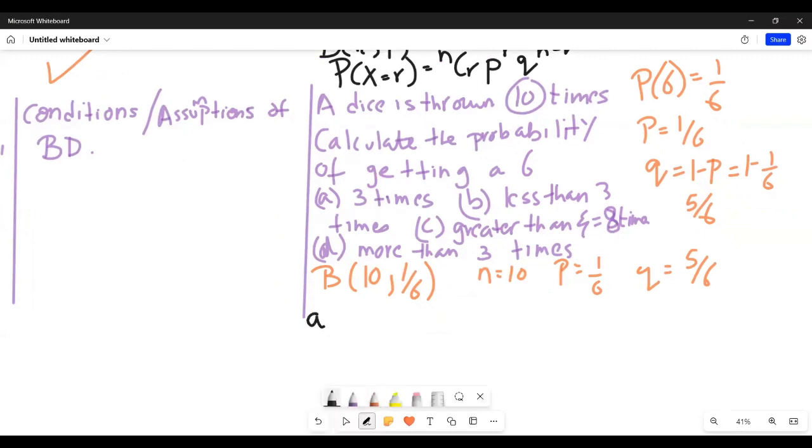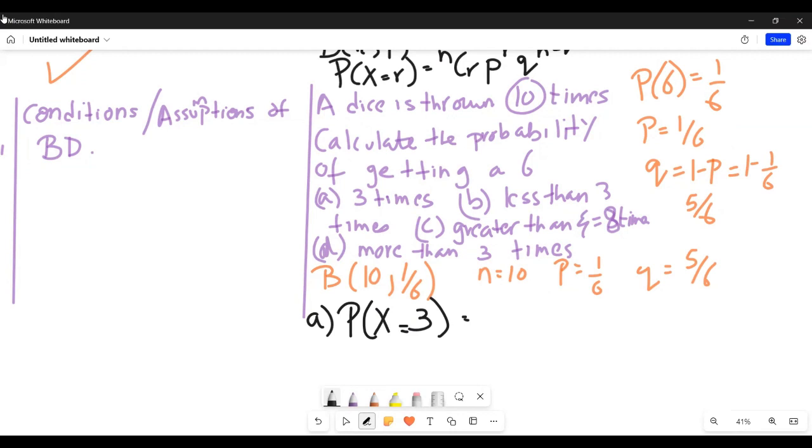So in the first part, you're finding probability X equals 3. You're finding the probability that when a dice is thrown 10 times, 3 times you get a 6.